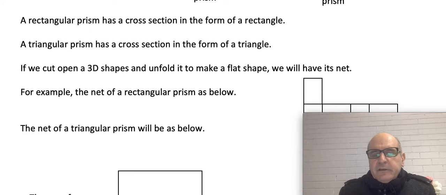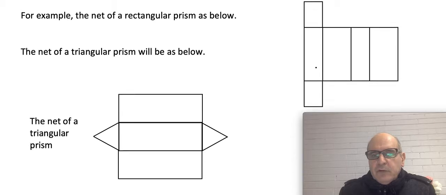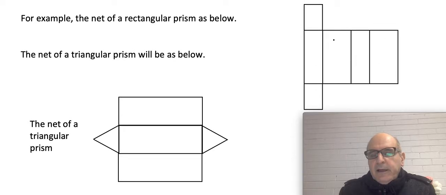A net of a 3D shape is when you cut it open and make it a flat shape. So for example, if I fold this shape and put them next to each other, I'm going to have a rectangular prism.